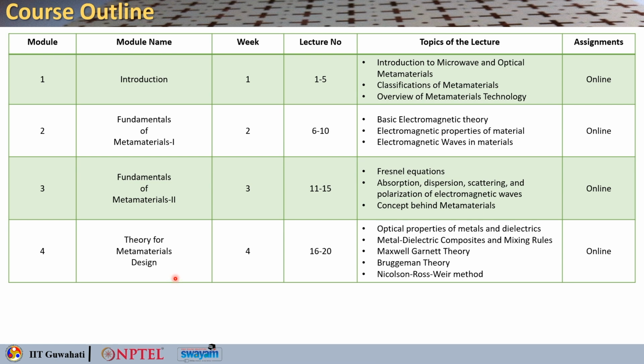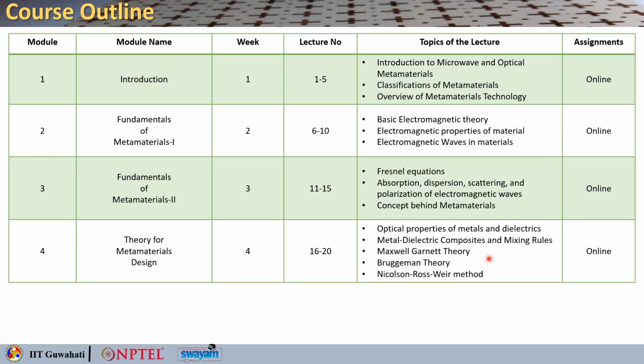In module 4, we'll go for the theory behind metamaterial design, and we will see how we can use the optical properties of metals and dielectrics, make different composites of metal and dielectrics, mix them up to get some new properties, and then we will go to the effective medium theory approach, something like Maxwell-Garnett theory, Bruggeman theory, Nicolson-Ross-Weir method.